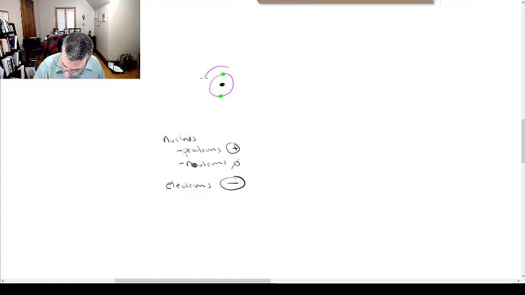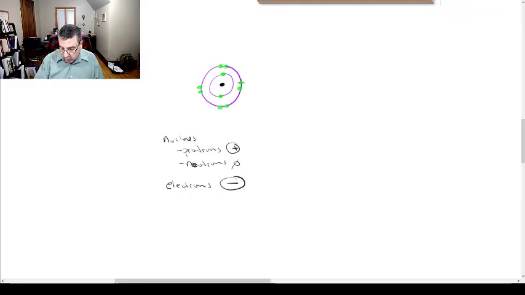So we have another shell here, and these outer shells can hold up to 8 electrons. Just a general rule. We're not a chemistry class, so for argument's sake, the outer shells, beyond the first inner shell, can hold 8 electrons. That's called the octet rule. So this one can hold 8: 1, 2, 3, 4, 5, 6, 7, 8. Okay, so that one can hold 8.